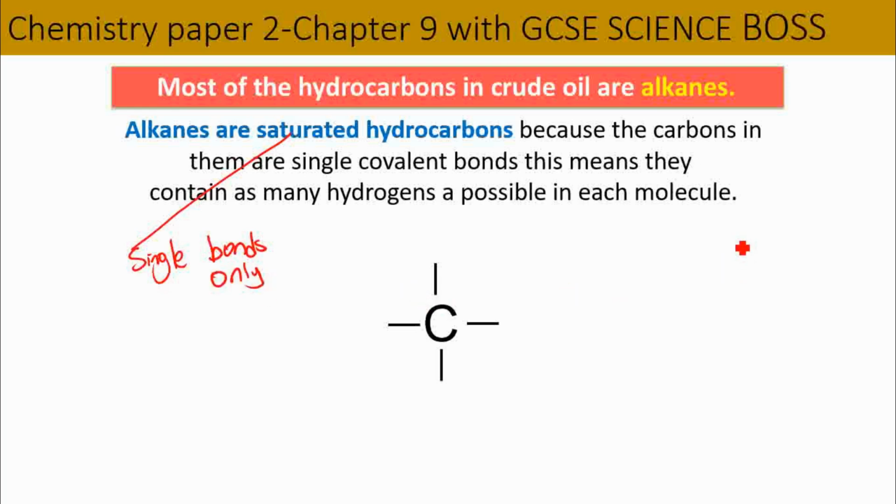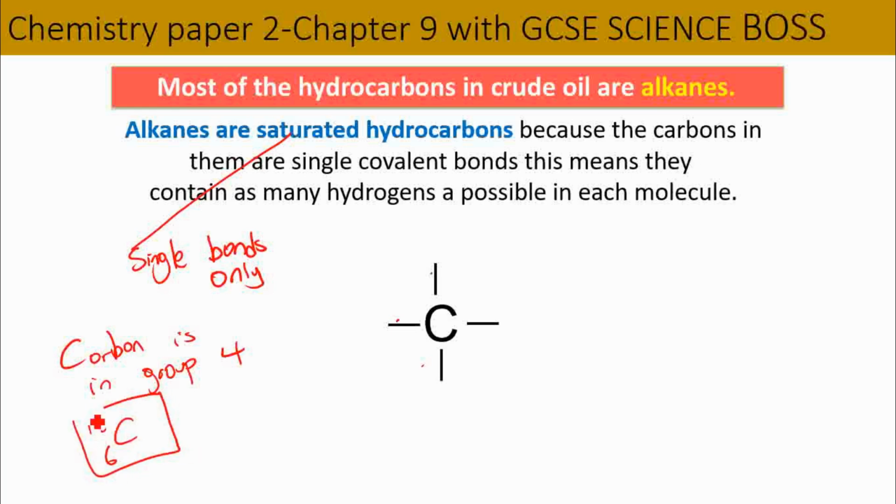And because carbon is in group 4 of the periodic table, it can have a total of 4 bonds, okay? Because when you look at your periodic table, carbon's electronic configuration is 2, 4, so it can have a total of 4 bonds.